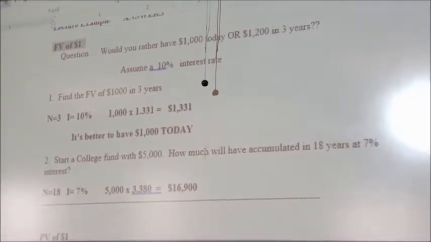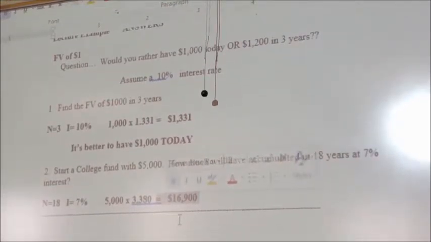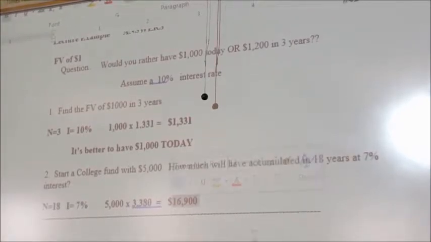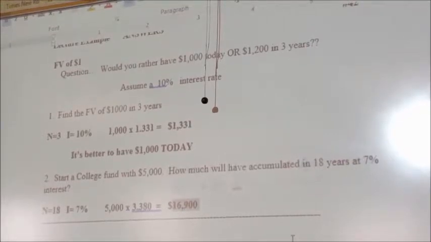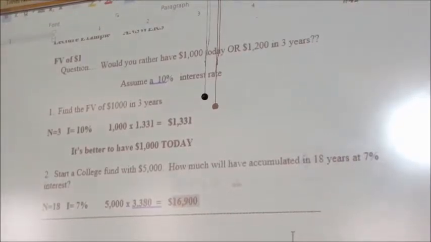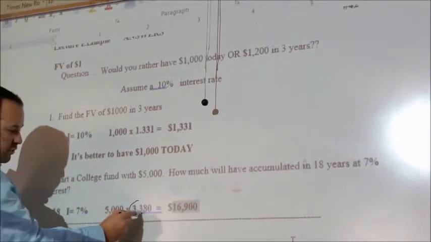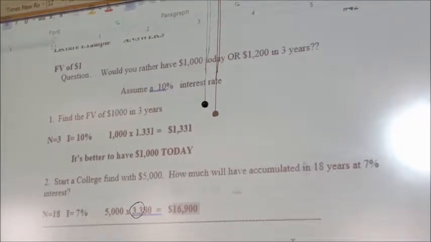Hopefully you got 5,000 to turn into 16,900 in 18 years if you were looking to put money away for college. So if you could put away at 7%, your money is going to more than triple whatever you put in if you did it for 18 years.